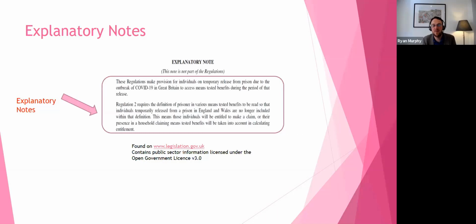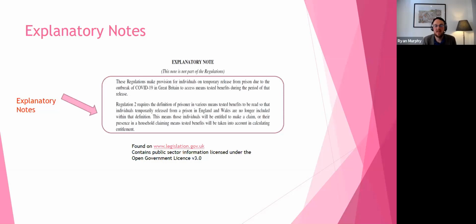You can imagine that some regulations are very, very technical. They are very, very complex. They make amendments to other legislation, whether that's primary or secondary. And the explanatory note is not binding law, but it's supposed to give an indication of what the government was trying to do. What was the minister trying to do when they passed this piece of secondary legislation?